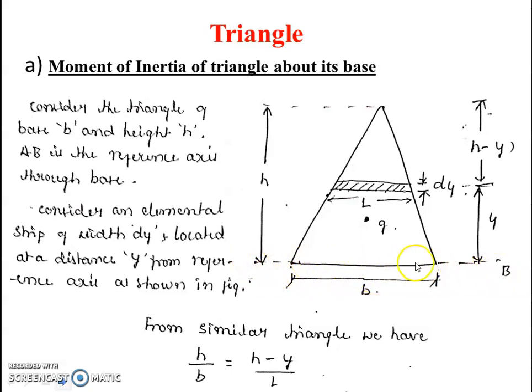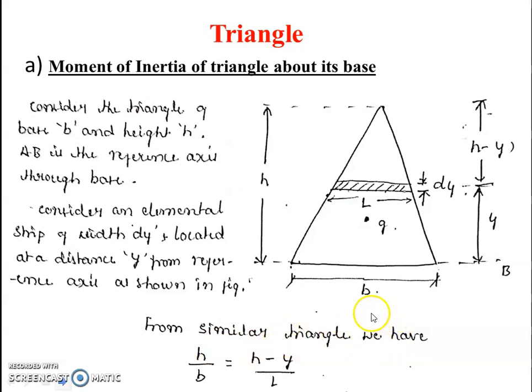I took AB as a reference axis at the base of the triangle, and this elemental strip dy is at a distance y from the reference line AB, and the remaining distance at the top will be h minus y. Before going further, I will use the principle of similar triangles.